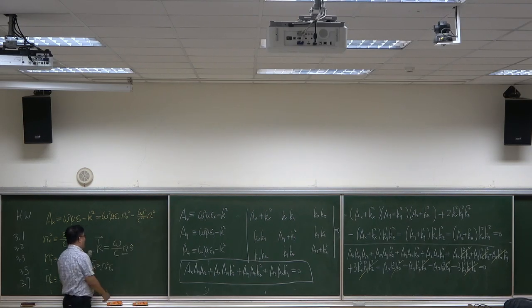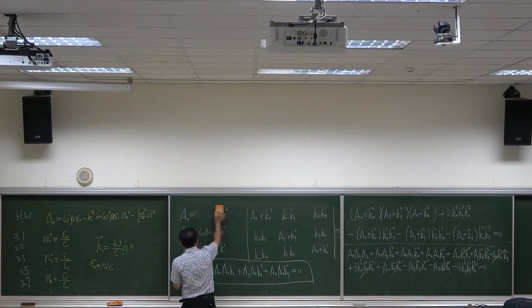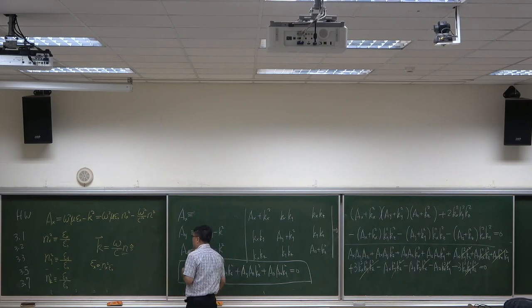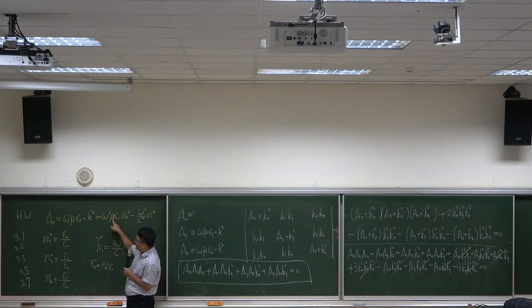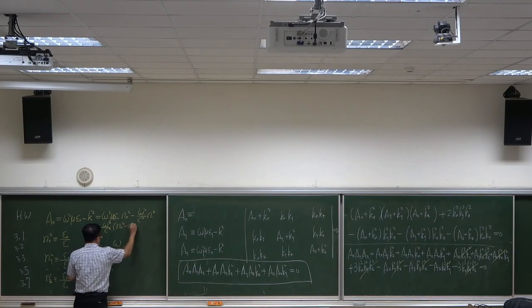Here n is an unknown. Remember that in optical material, we always treat mu as mu naught. Then mu naught times epsilon naught is nothing but 1 over c squared. So this becomes omega squared over c squared times nx squared minus n squared.